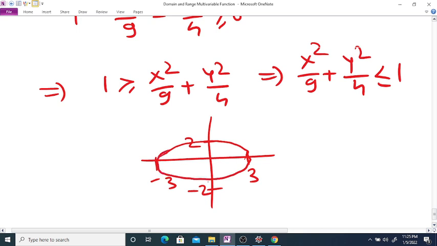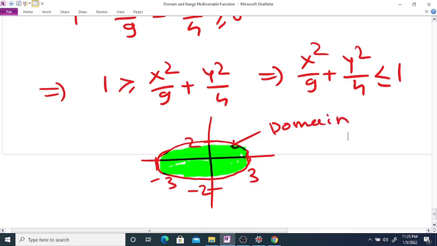Since it is less than or equal to 1, the points inside satisfy the condition. This is the domain of the given function, and since it is a square root function, this is the sketch of the domain.